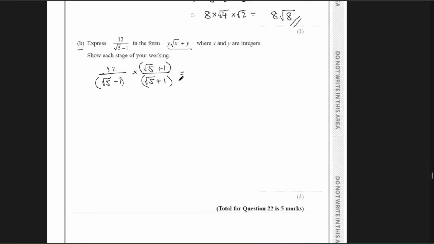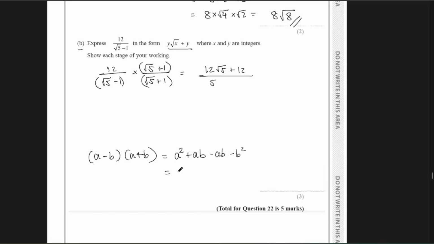So if we multiply the numerator, we'll get 12 root 5 plus 12. If we multiply the denominator, root 5 times root 5 gives us 5. Since this is going to be a difference of squares, we don't need to think about the middle terms. For example, if we multiply a minus b with a plus b, we will get a squared plus ab minus ab minus b squared.